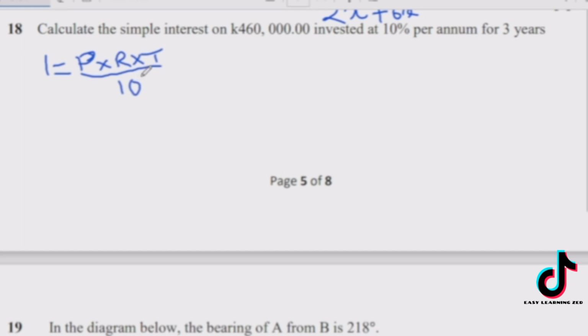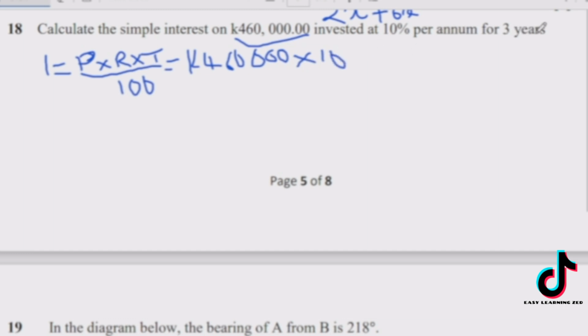So now we are going to multiply. We are given the principal, which is 460,000 invested, times the rate, which is 10%, so times 10.